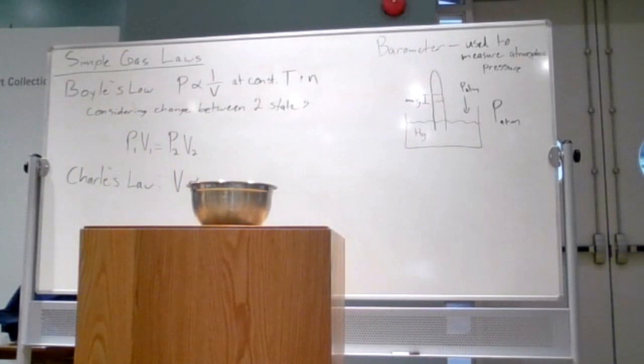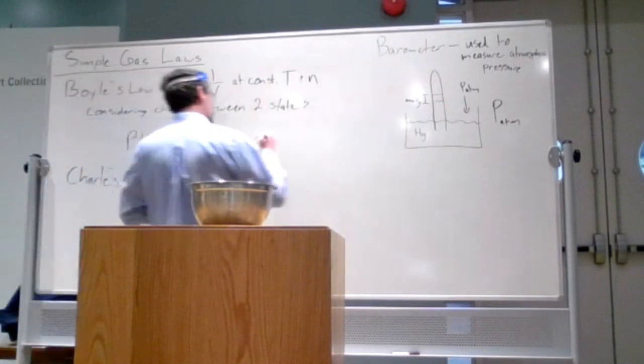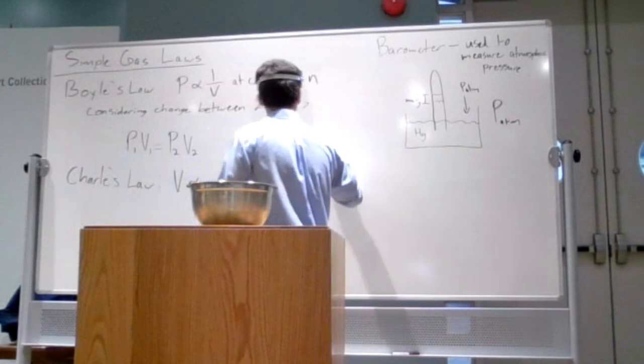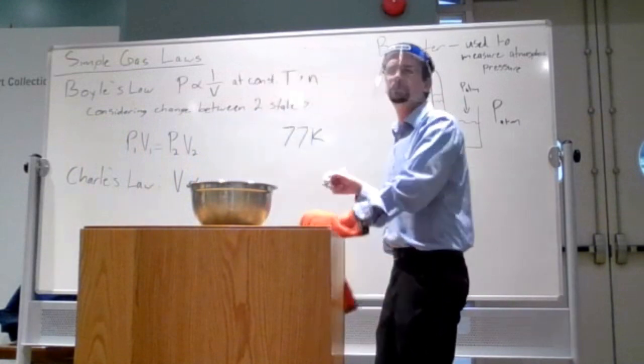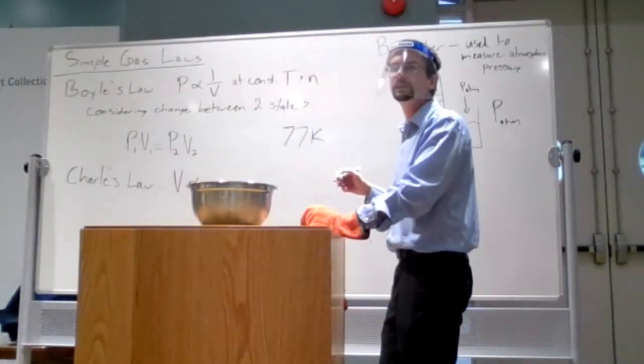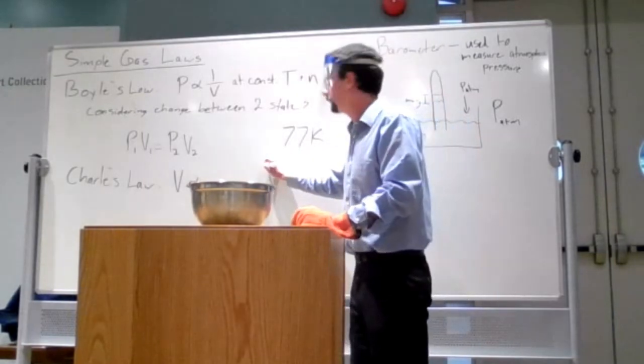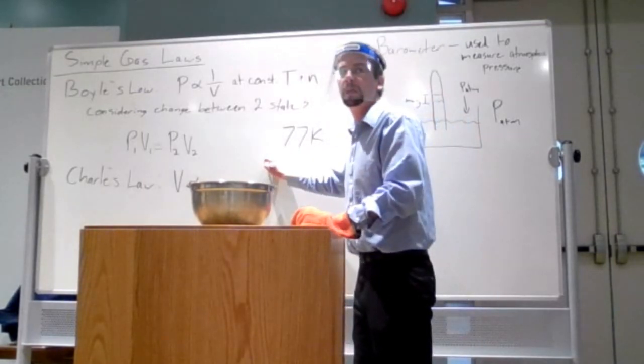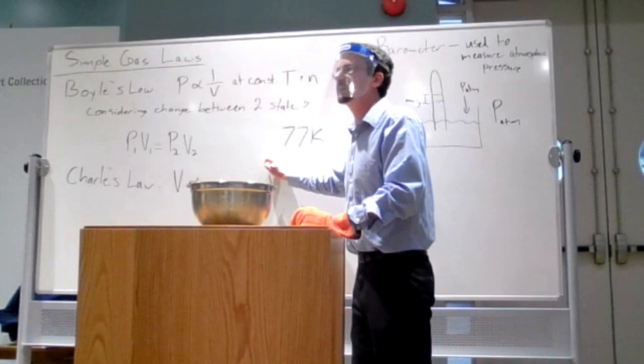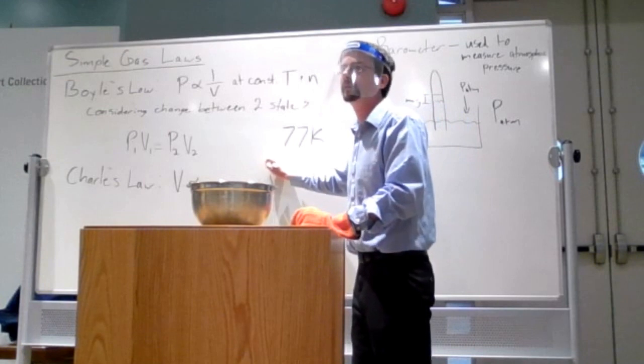Liquid nitrogen is very cold. Does anybody know what temperature it's approximately at? It's at about 77 Kelvin. Does anybody know what approximately room temperature is in Kelvin? How do you convert from like Celsius to Kelvin? Anybody know?